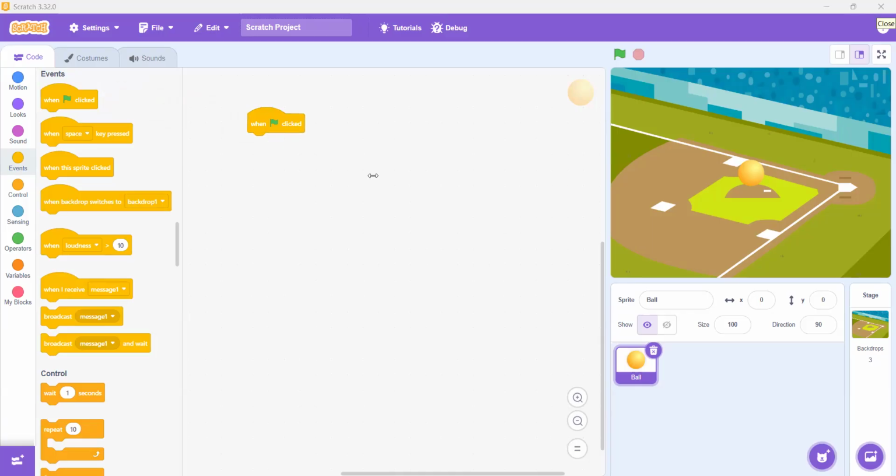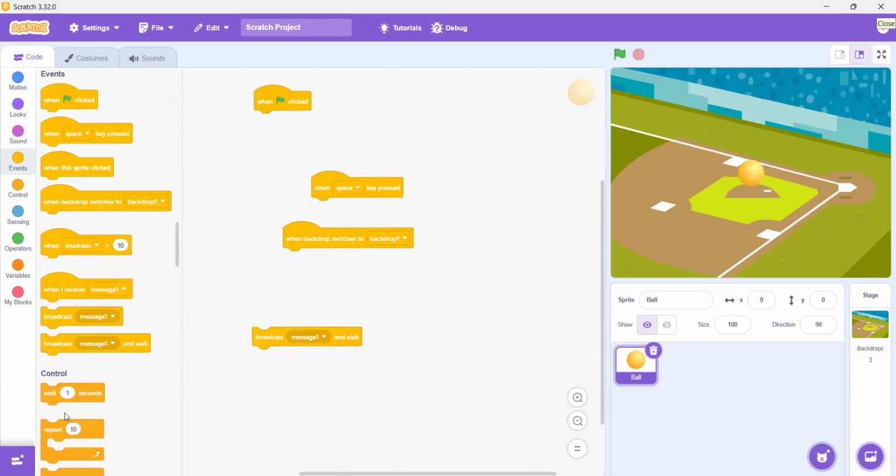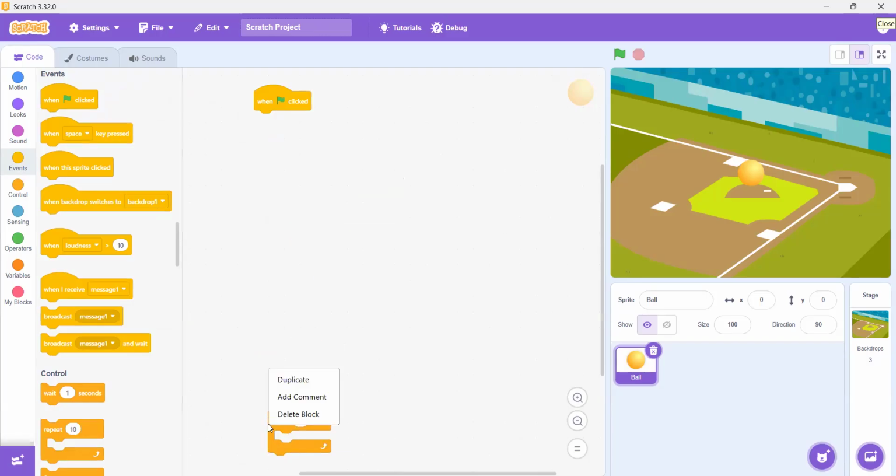See, that drag and drop has stuck in the brain very well. Drag and drop. Anything you see, drag and drop. So we have dragged and dropped it. Where did we drop it? In the coding area. What is this area called? Coding area. We dropped it in the coding area.